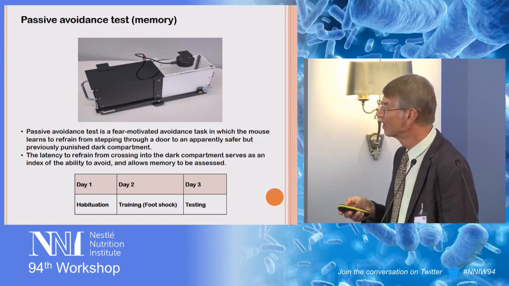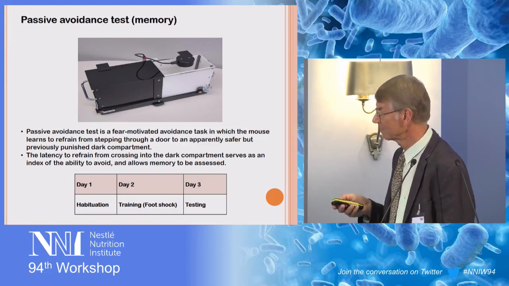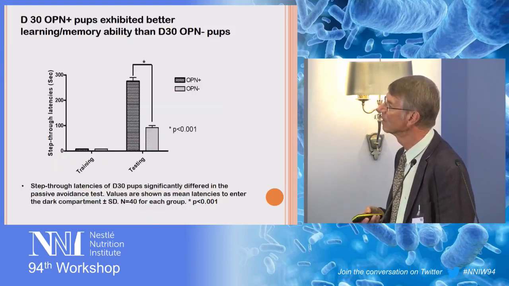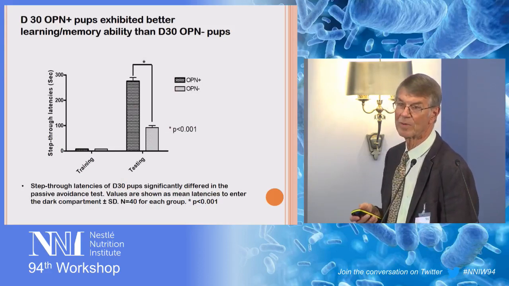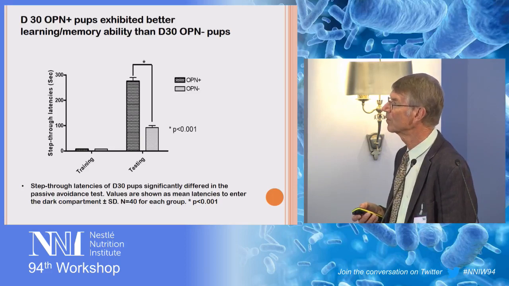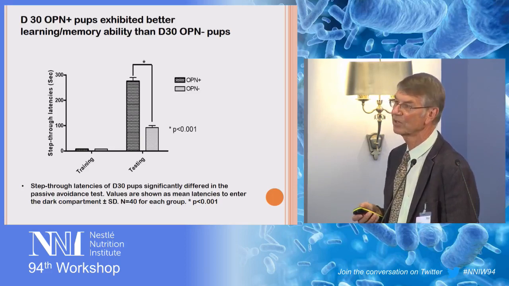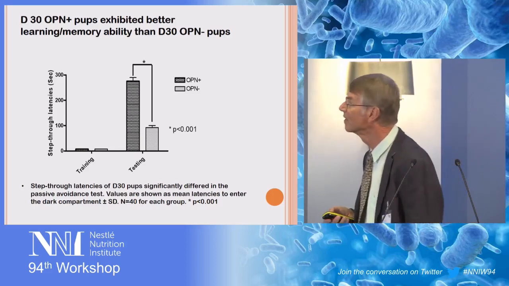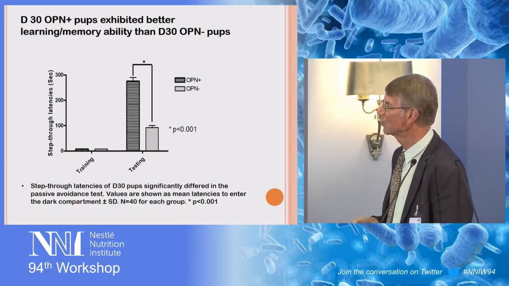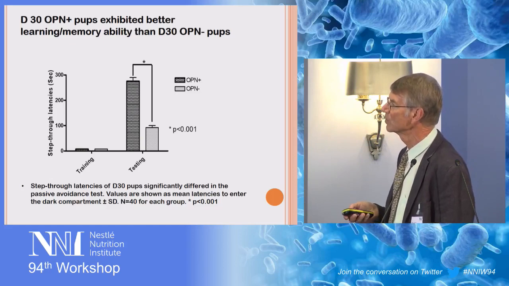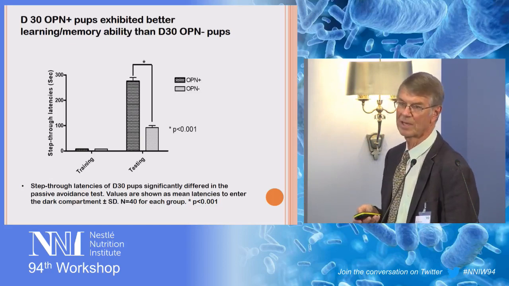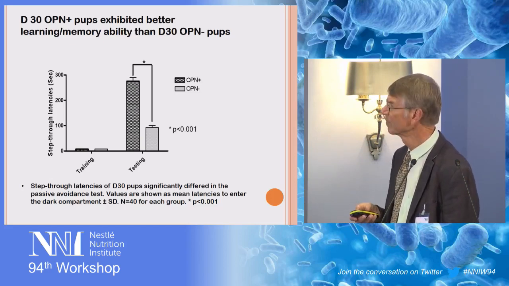But those pups that didn't get osteopontin in the milk had a significantly poorer performance. They just couldn't remember as well that they got an electric shock there. So they tried again and they tried again. And this is showing that one part of cognitive function was impaired if you do not get milk osteopontin.